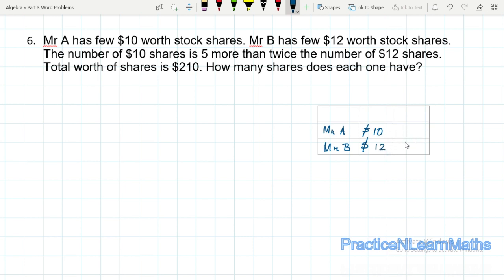Now if this is x, then $10 shares is 5 more than twice the number of $12 shares. So 2x plus 5.